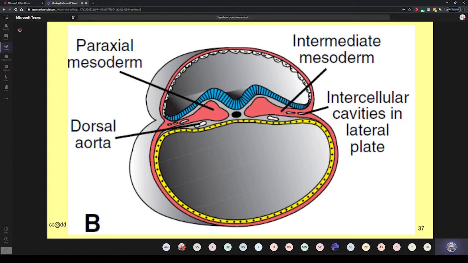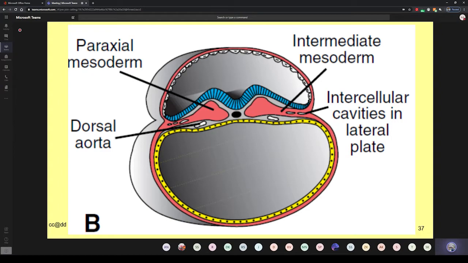Because just some time back we were discussing that the notochord, these things in the midline, are responsible for forming the axis. The notochord is responsible for forming the dorsal axis. Axis means a central plane, a line around which symmetries can occur, right?